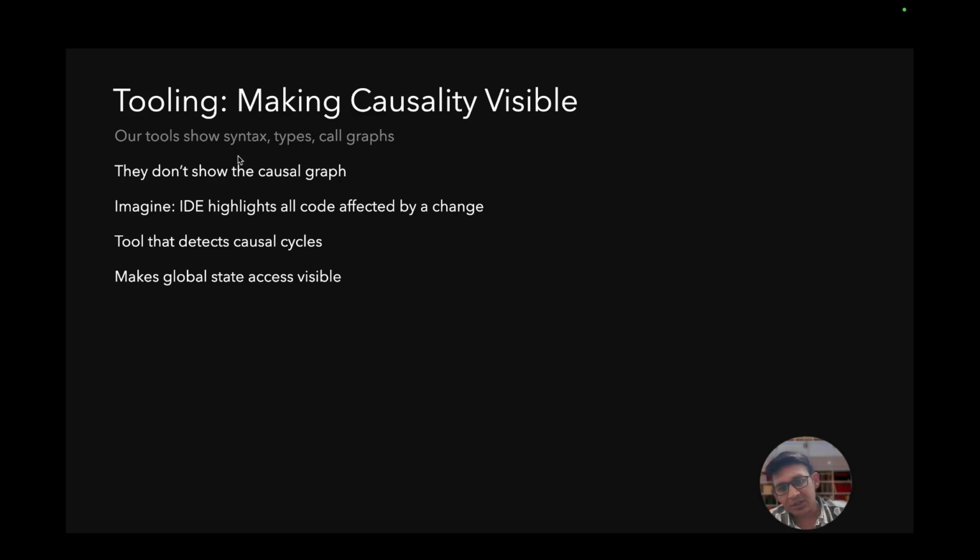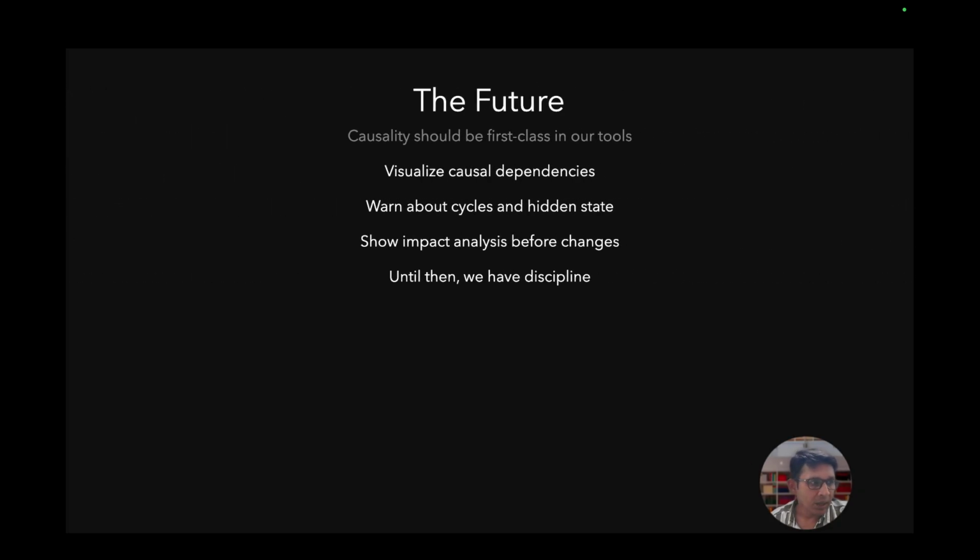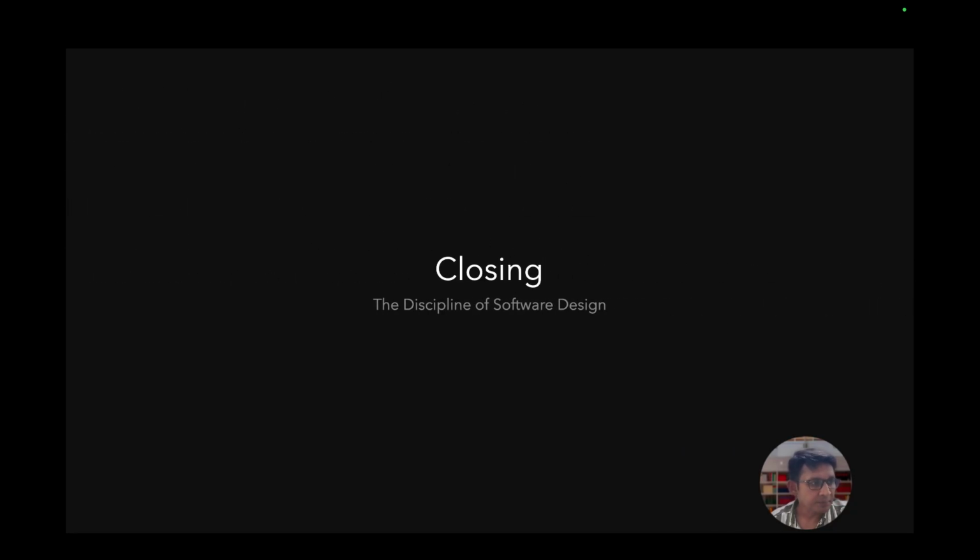Imagine a tool that detects causal cycles, that warns you when you're about to add a hidden dependency, that makes global state access visible. Now, some of this exists, static analysis tools, dependency analyzers, but they're not mainstream and they're not integrated into how we work. The future should bring tools that make causality first class. Until then, the only thing we have is discipline.